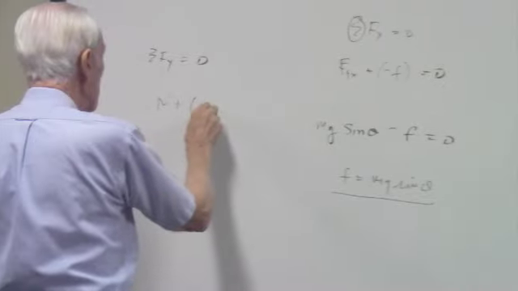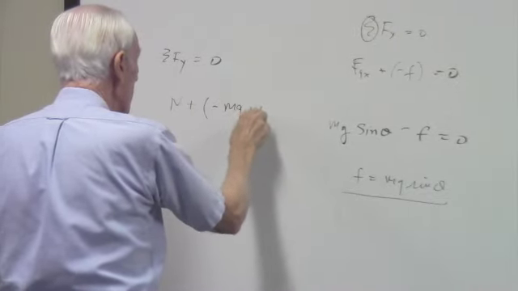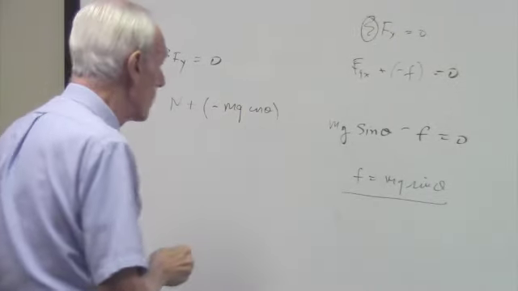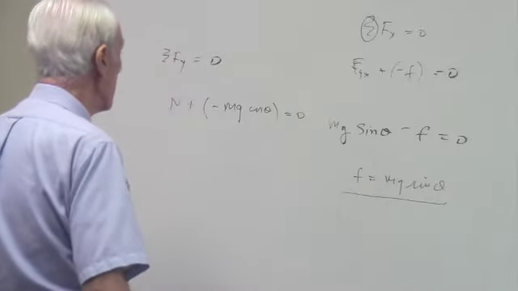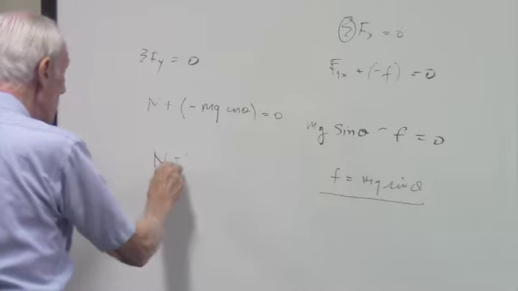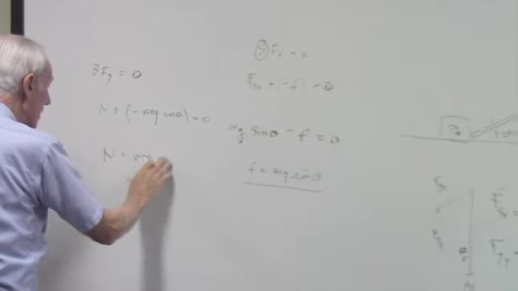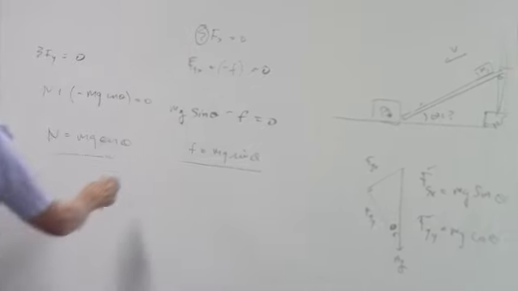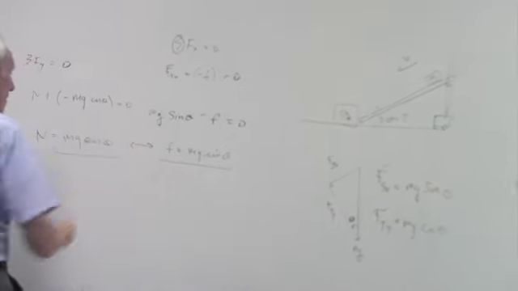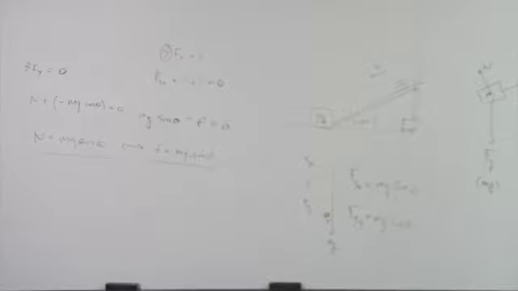So it's minus mg cosine theta, right? Those add up to 0 because it's Newton's first law and it's in equilibrium. So the normal force is mg cosine theta. They're equal but opposite.